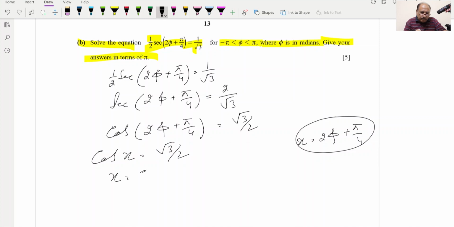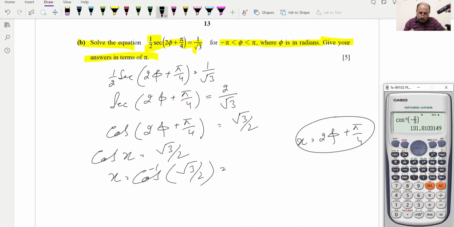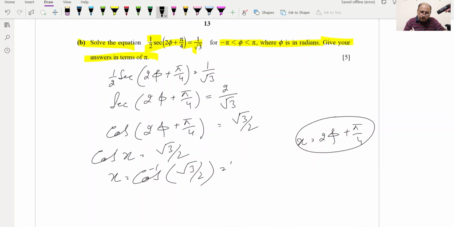So x will be equal to cos inverse of under root 3 by 2, which is equal to cos inverse of cos of square root of 3 over 2, and we can close the bracket, and this is equal to 30.